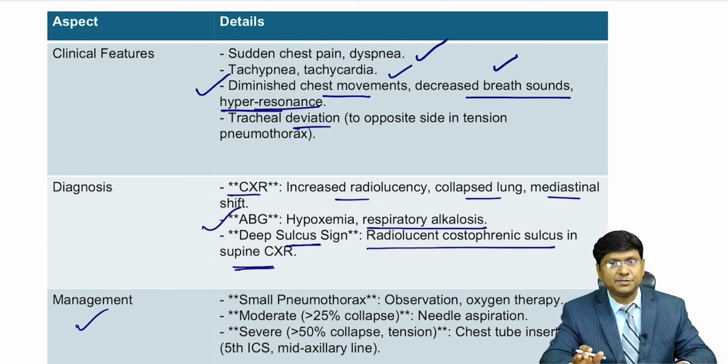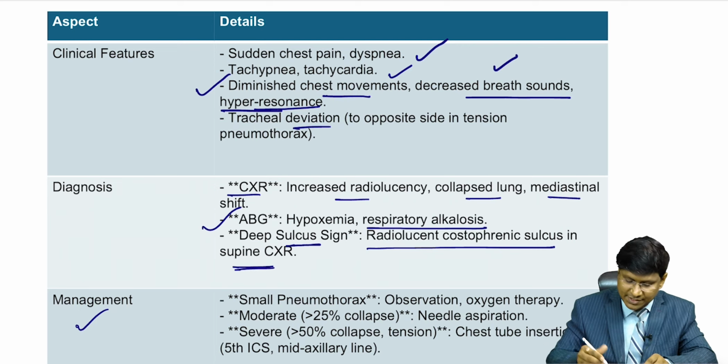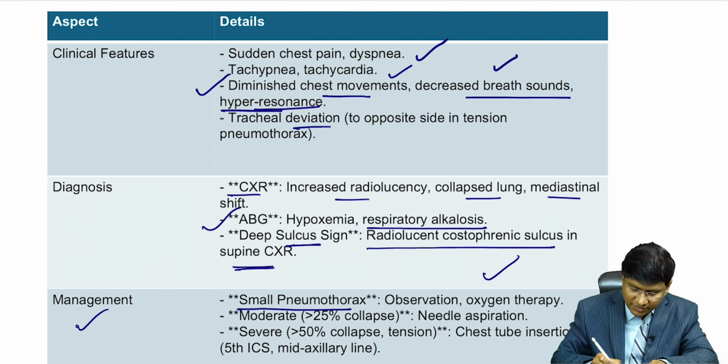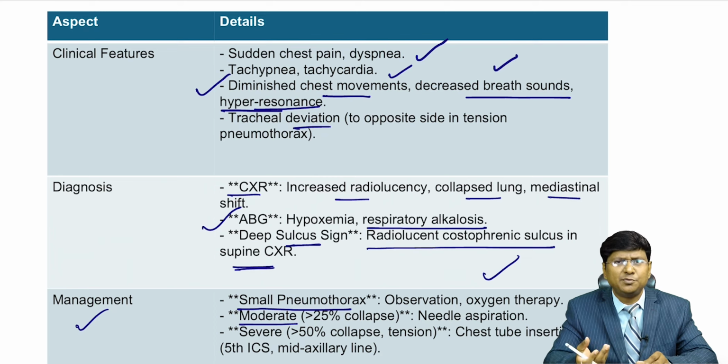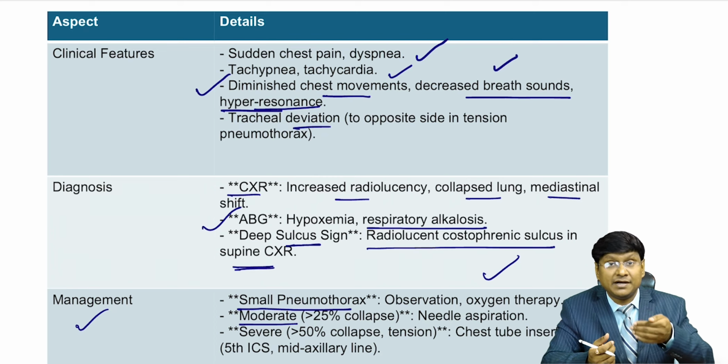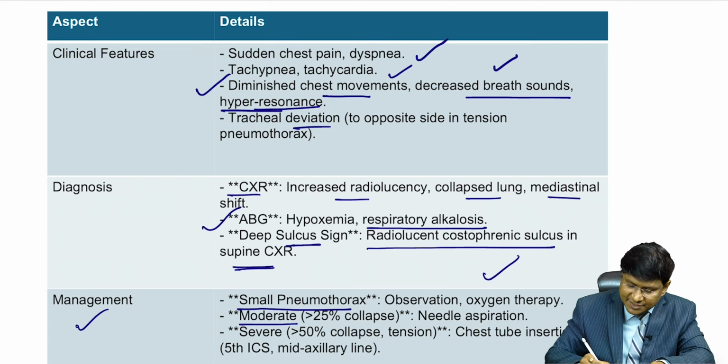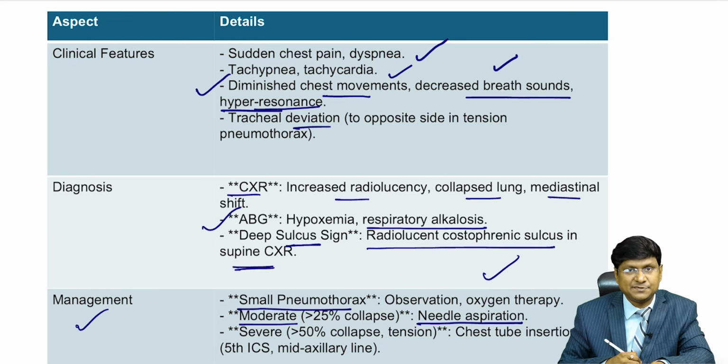Next is the management. The treatment completely depends upon the severity of the pneumothorax. If there is small pneumothorax, just observation and oxygen therapy, that's all. Whereas in moderate pneumothorax, the volume of the lung which is collapsed is more than 25%, then these patients will require needle aspiration.